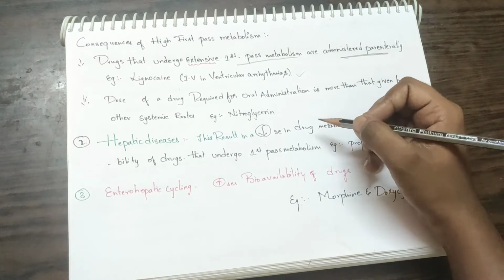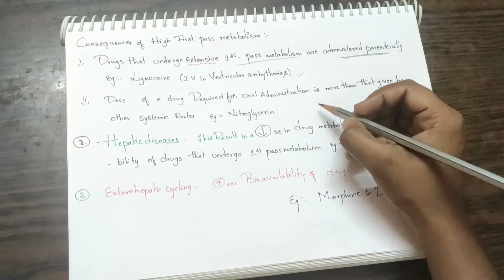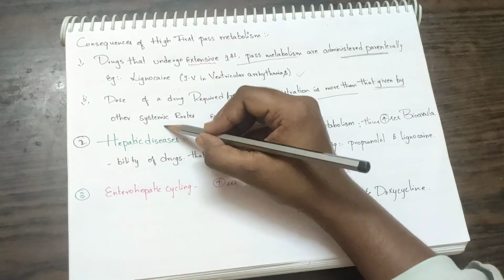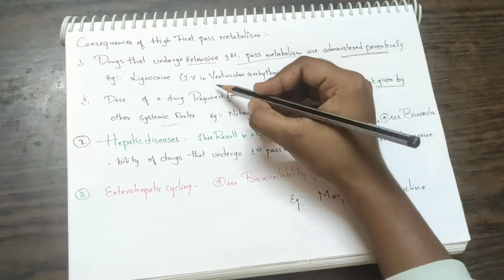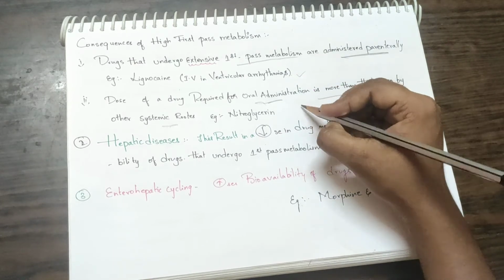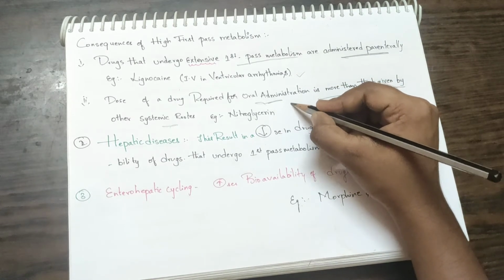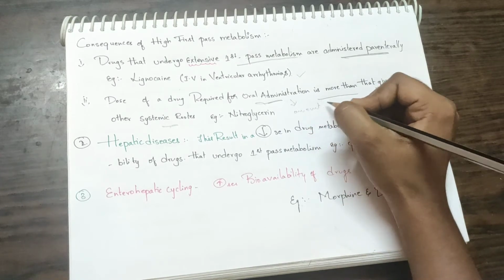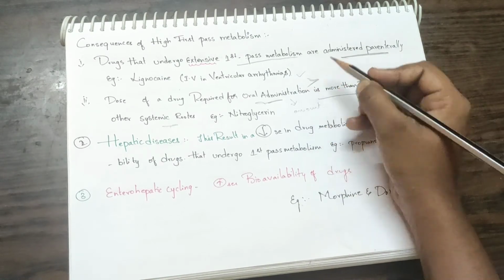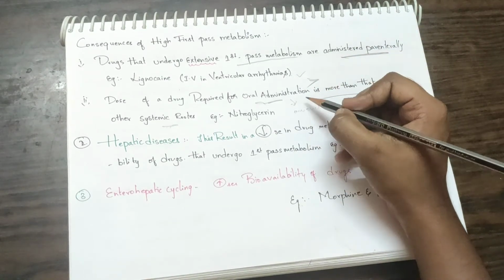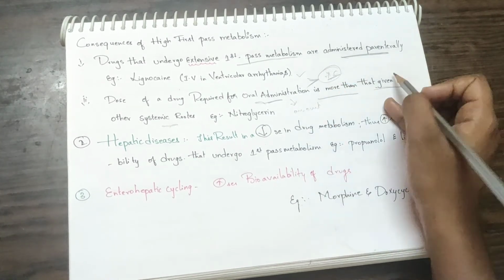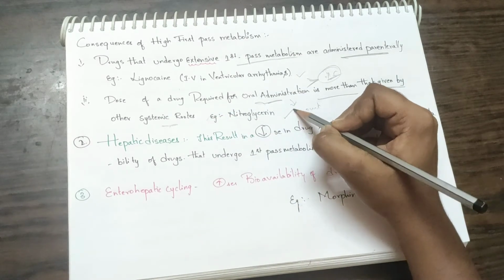Another is that if the dosage required for oral administration is much greater than that given by systemic routes, it leads to adverse effects in the patient. So we choose systemic routes, for example nitroglycerin.